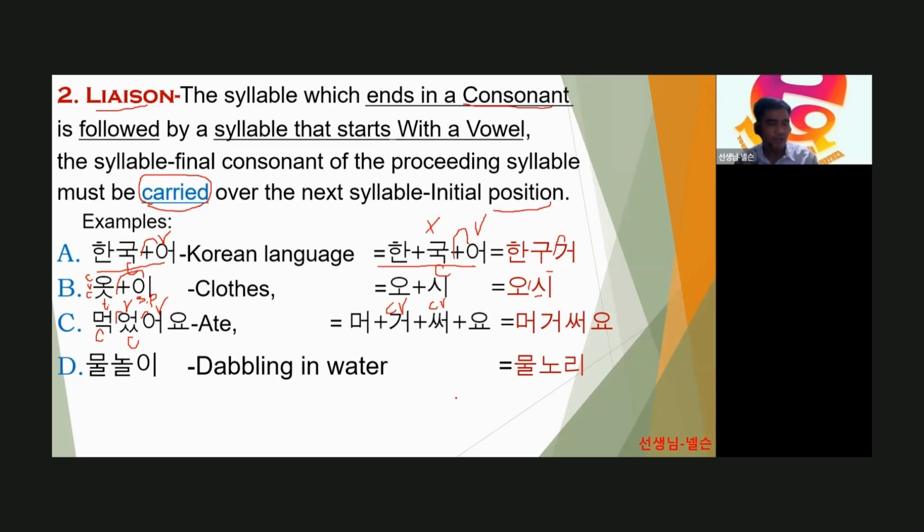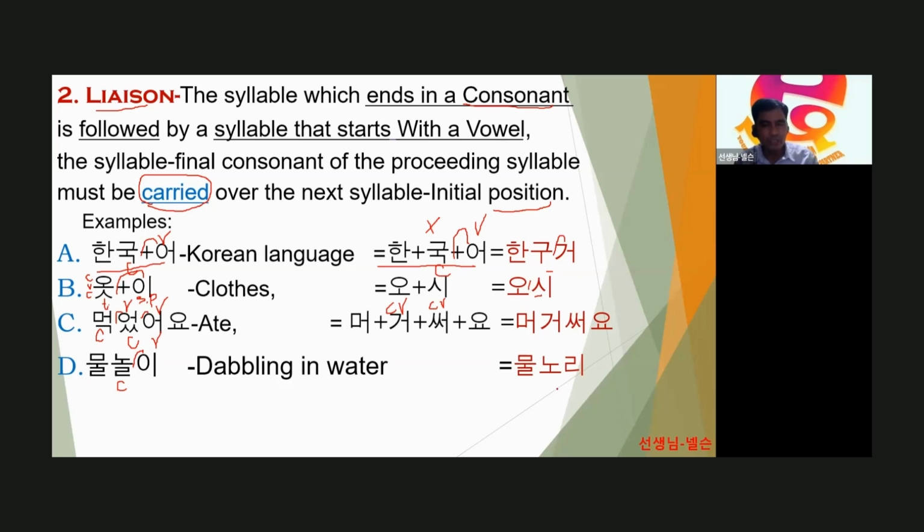Okay. And last, letter D, doubling in water. So instead of mul, nol, E, the correct pronunciation by using liaison, riol will be carried by the vowel E, so therefore magiging ri. So doubling in water E, instead of mulnol E is mulnori.